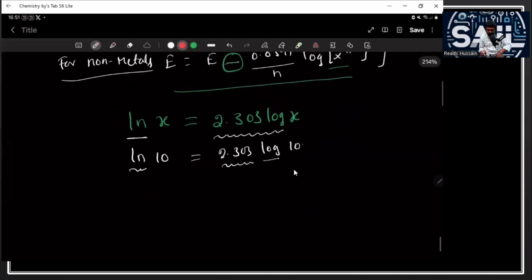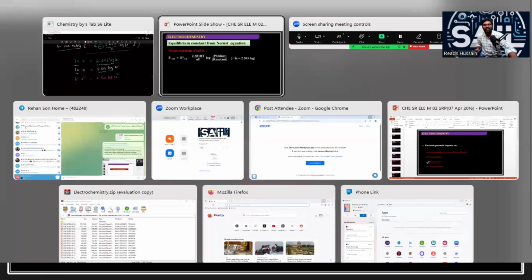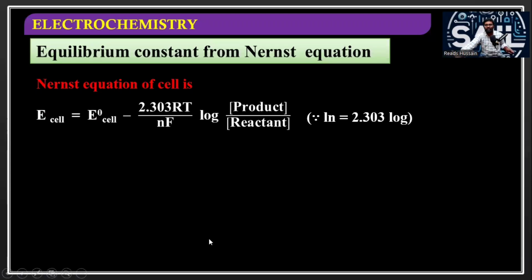One more for your understanding: ln 10 square is equal to 2.303 log 10 square. Okay? Similar to that, in the previous expressions, we have used ln here, so this ln is converted to log by multiplying with 2.303.